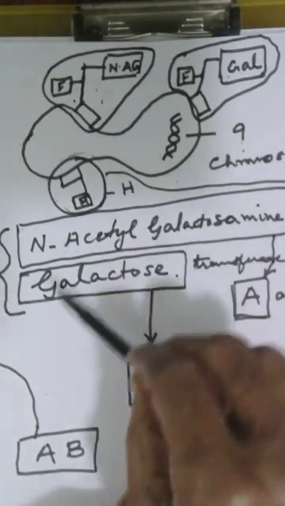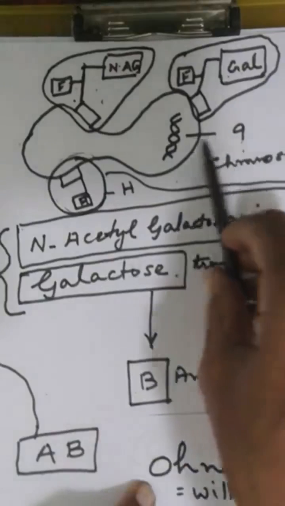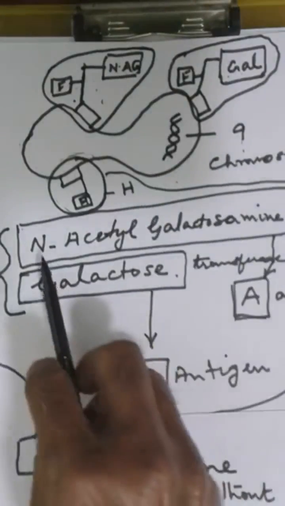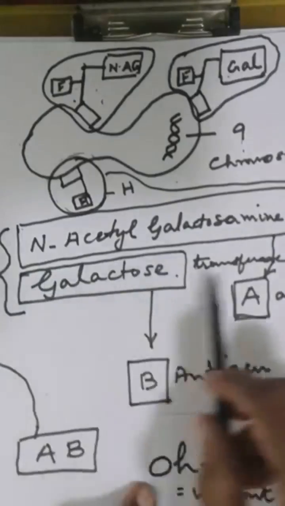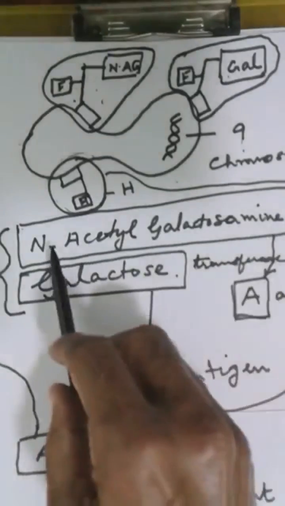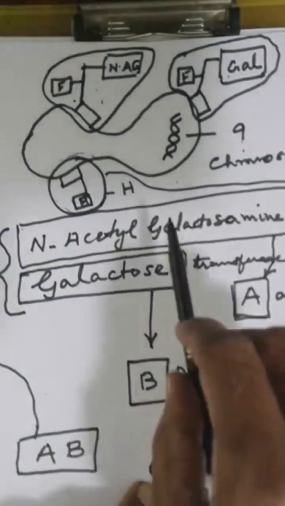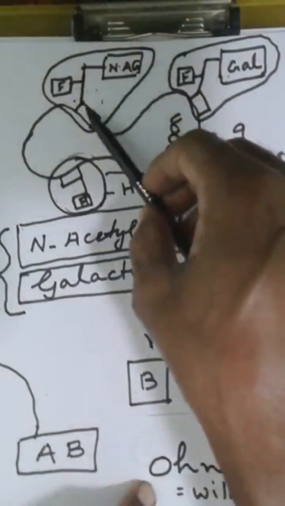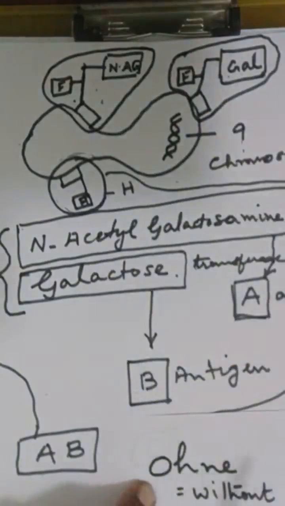H alone. That means chromosome number 9, this gene is not expressing these two substances. Actually, not these substances directly, the enzyme which transfers these substances to the H substance. The enzyme is not produced.